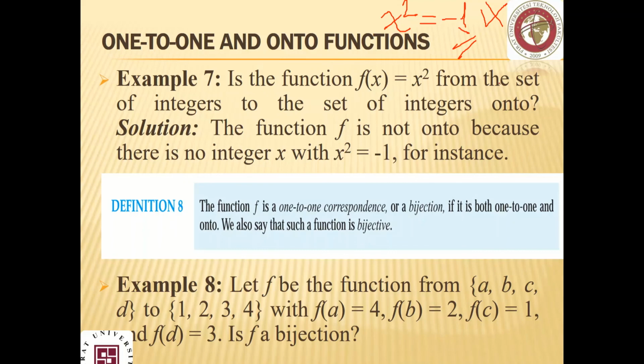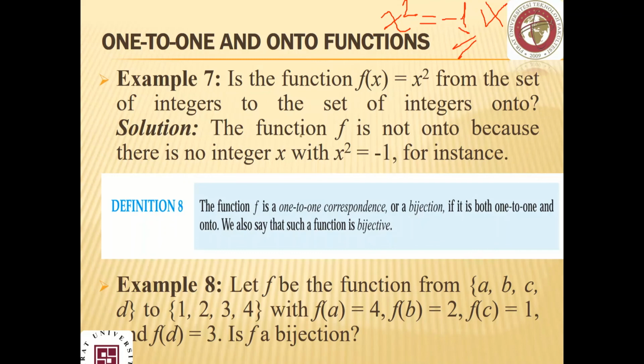Now, if you have a function that satisfies the two relationships, 1 to 1 and at the same time also onto, then this function is called a 1 to 1 correspondence or bijection.